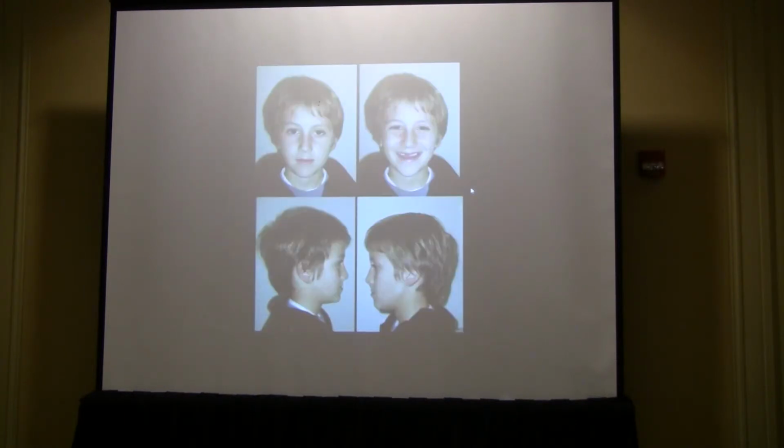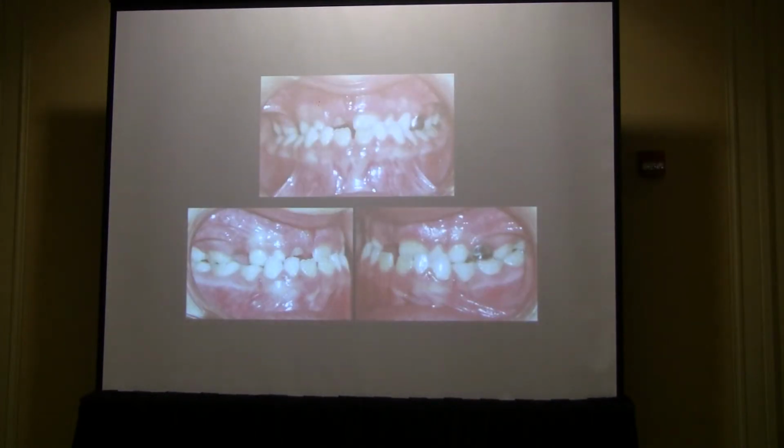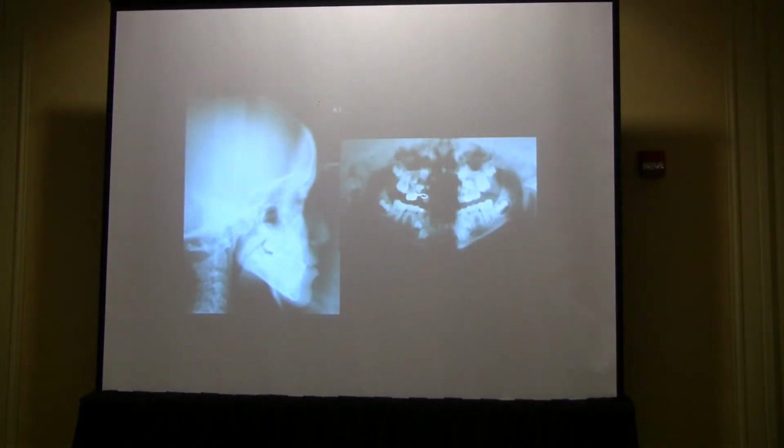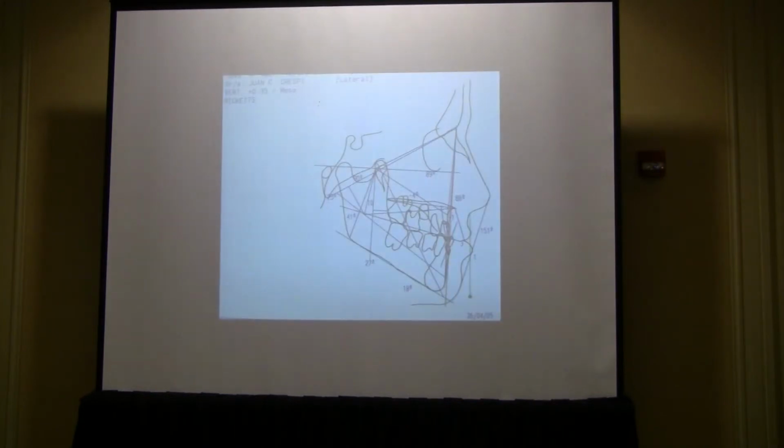Or perhaps the 7-year-and-5-month-old male patient with an old man's face due to a skeletal and occlusal class 3 with upper maxilla defect, good arches shape, and the X-ray records and lateral tracing showing a maxilla hypodevelopment.